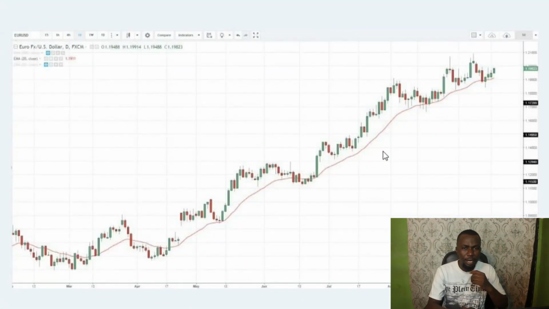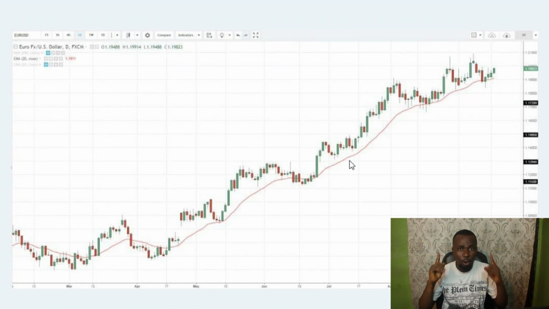Now, if you look clearly on the chart, right, you can see that the trend is up. So whenever the candlestick is above the moving average, it means the trend is up. And whenever the price is below the moving average, you know the trend is down.